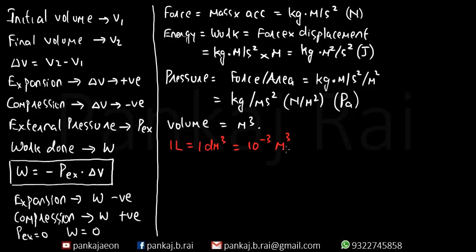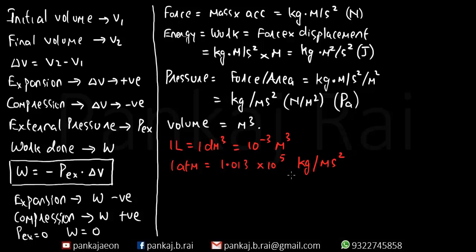Now the next thing is, what about 1 atmosphere? 1 atmosphere is actually 1.013 into 10 raised to 5 kg per meter second square, which is exactly the same as the unit of pressure. So this is the pressure and this is the volume in standard units, and this is the conversion from liter and atmosphere to standard units.